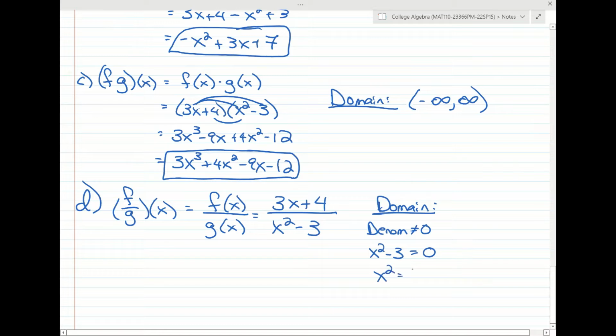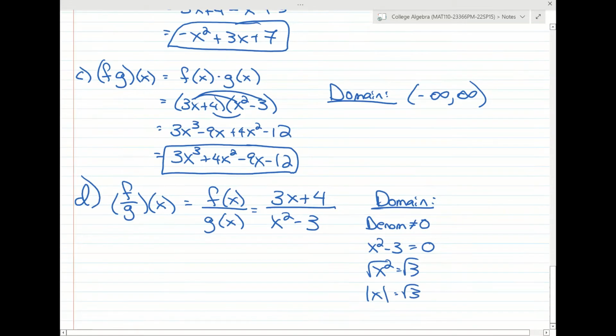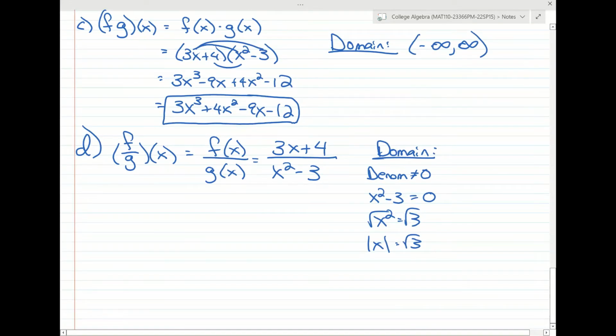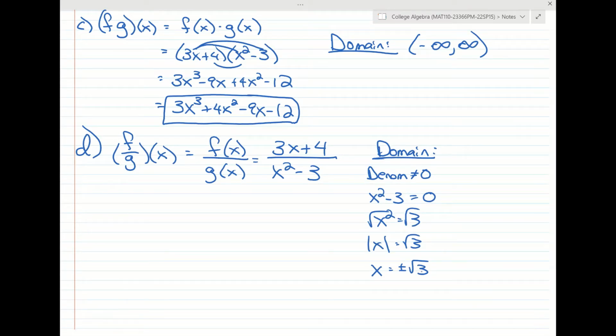I'll add 3 to both sides and take the square root. Anytime you take the square root of something squared, you get absolute value. This just turns into plus or minus. So the values of x that would make the denominator 0 would be plus or minus square root of 3.